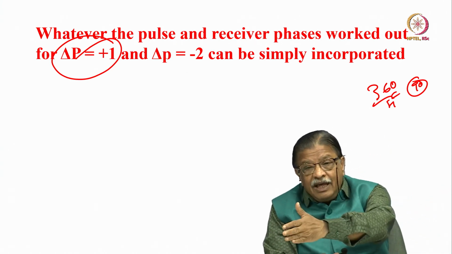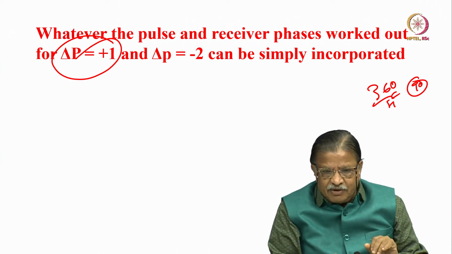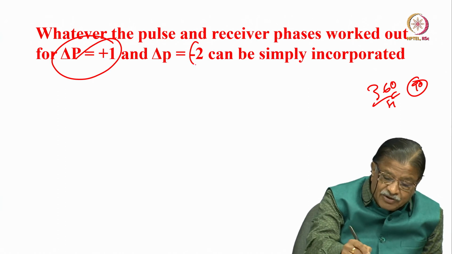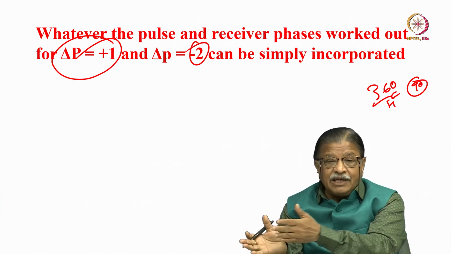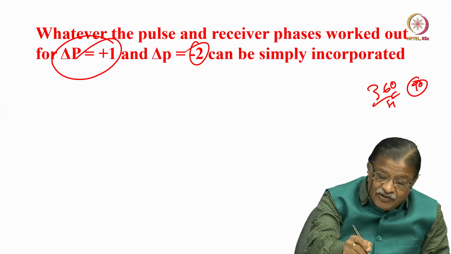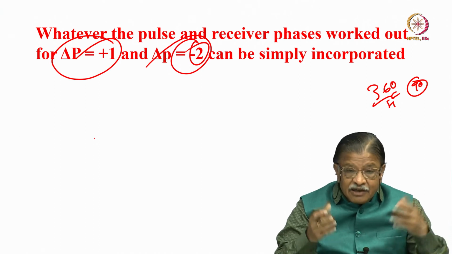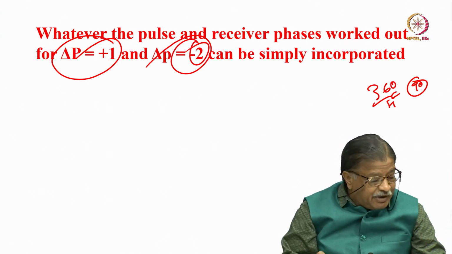Accordingly you calculate the receiver phase, but we have done that for delta p equal to +1. Now for delta p equal to -2, same 4 step phase cycling you can have, but what is the receiver phase now? The receiver phase for delta p equal to -2 we calculated, that also we calculated. Now it is easy to combine both.